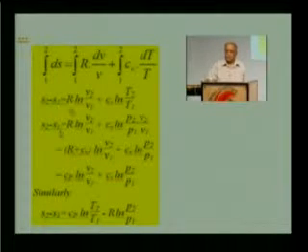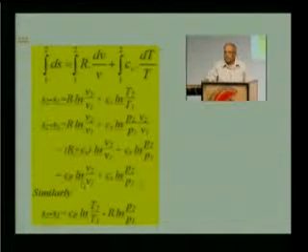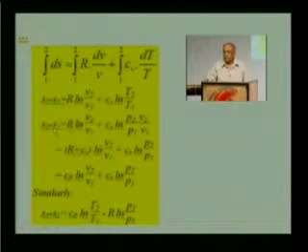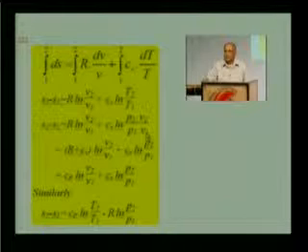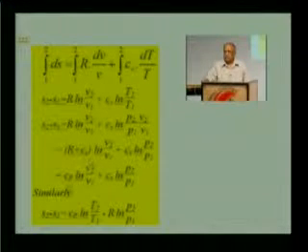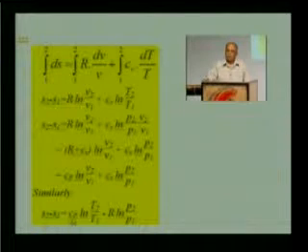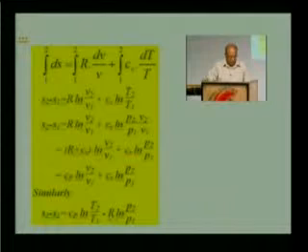S2 minus S1 is R log V2 by V1 plus Cv log T2 by T1, and T2 by T1 can be written as P2 V2 divided by P1 V1, and this would give us a relation Cp log V2 by V1 plus Cv log P2 by P1. Similarly, S2 minus S1 can be calculated as Cp log T2 by T1 minus R log P2 by P1.